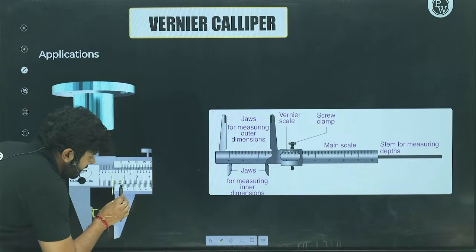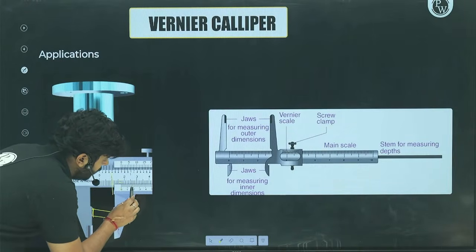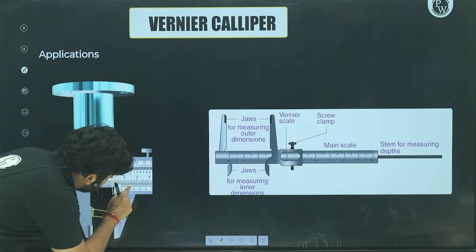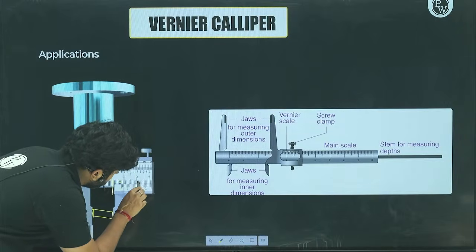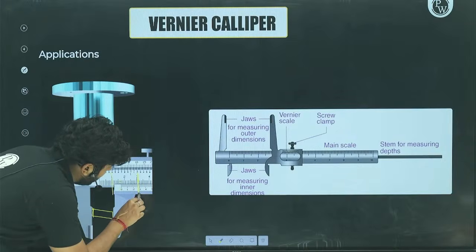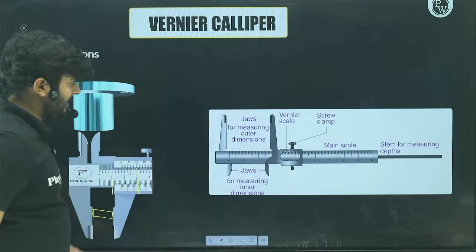So you move on to the next one, it is still not aligning with anyone on the main scale. You continue moving till you find the first mark that aligns. All you have to do right now is believe me, because I cannot zoom enough to show you.